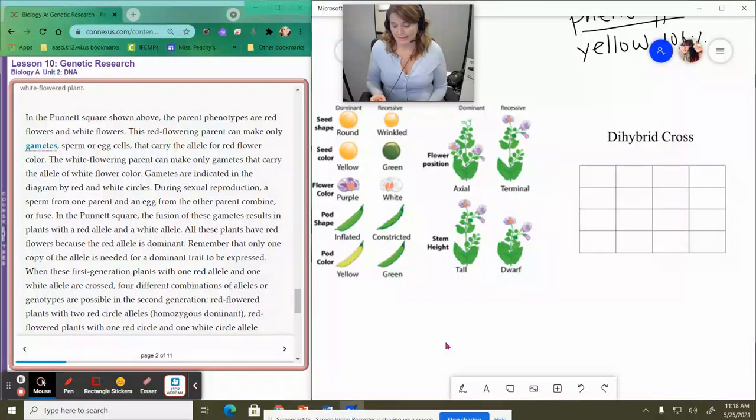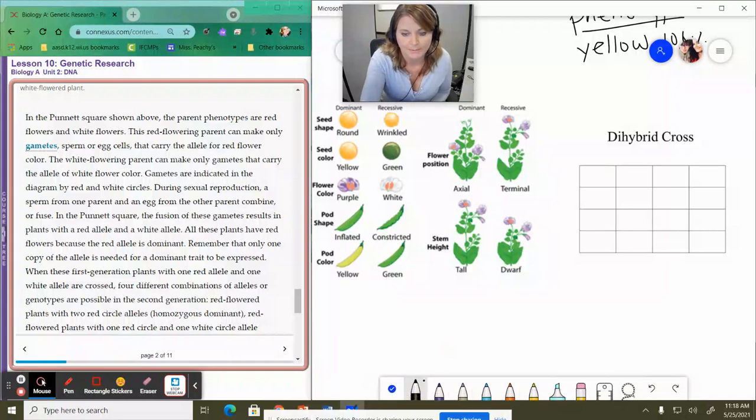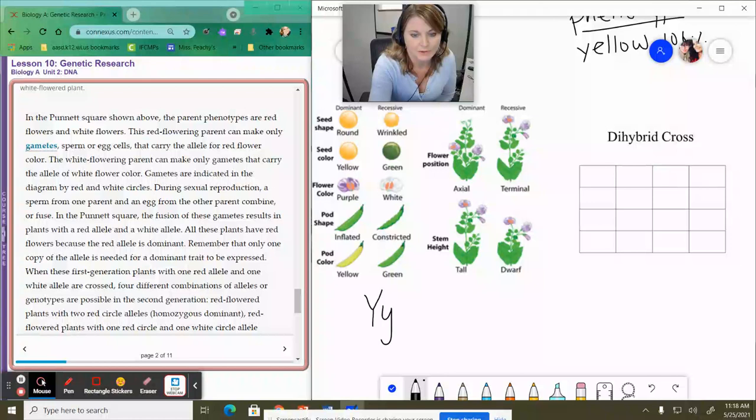So let's say we have, I don't know, I'll just make one up here. Let's say we have a parent who is heterozygous for yellow pods. So yellow pods like this. That's our first parent. There's parent number one. That's our pod color.